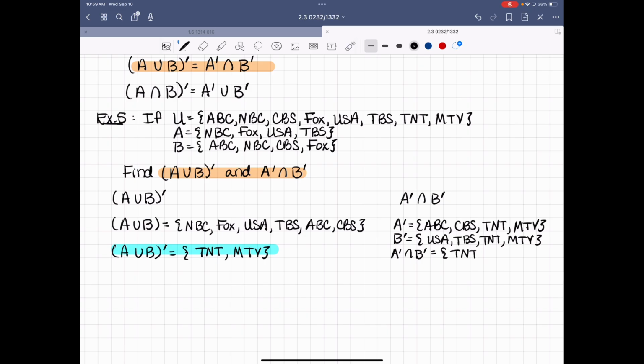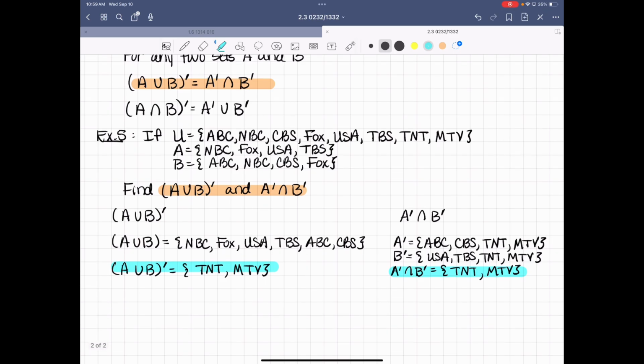Good, TNT and MTV. You are exactly right. And did it turn out to be the same thing? Yes. And that was De Morgan's law, De Morgan's first law. So you proved that right here. Okay?